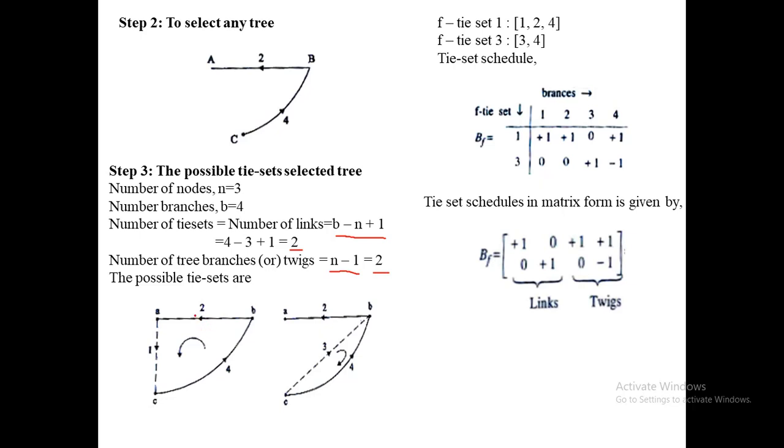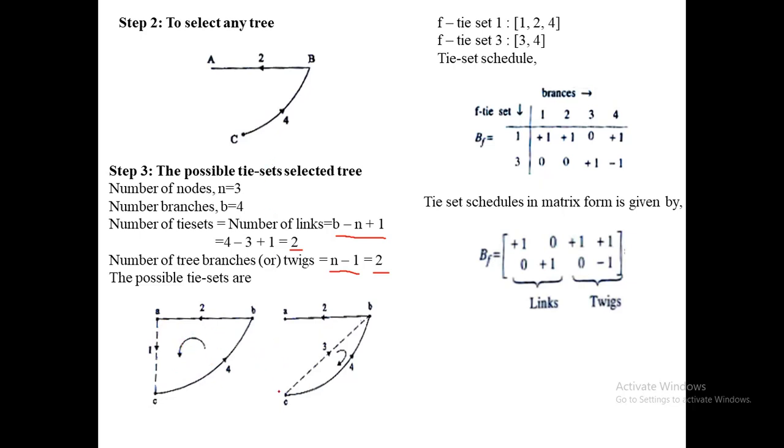Next, we have to create the tie set. How we can create the tie set means just we have to connect the tree by its link. Link means remaining branches of the tree. Here 2 and 4 are the branches of the tree. Remaining branch is link. Here I have chosen this one as link and then it forms the closed path.